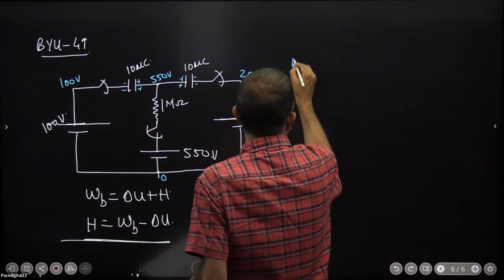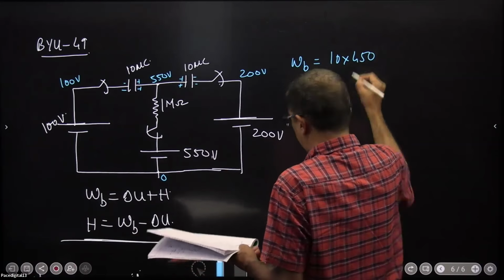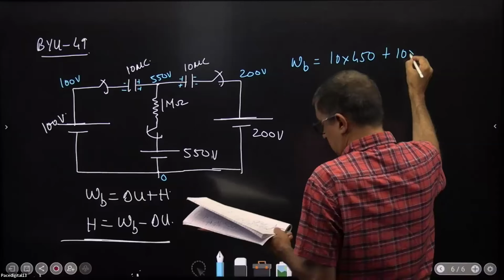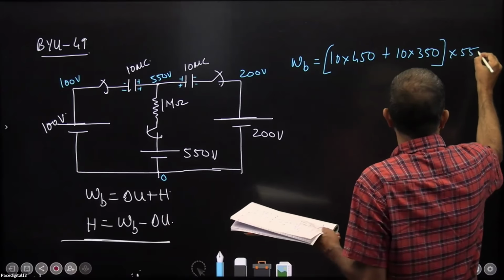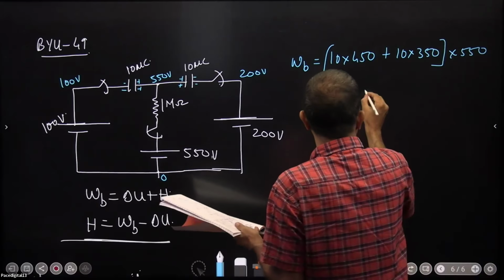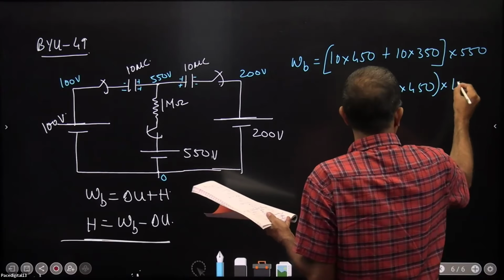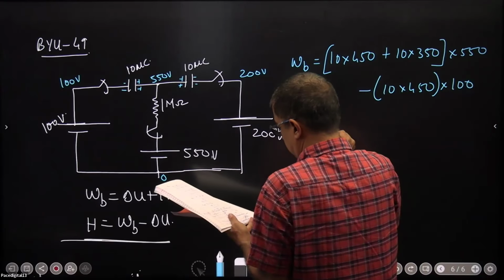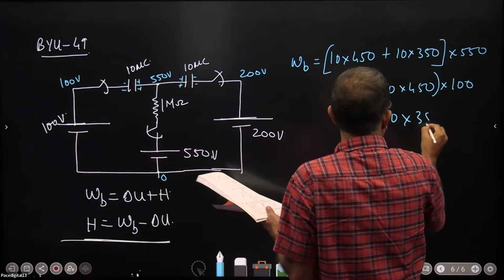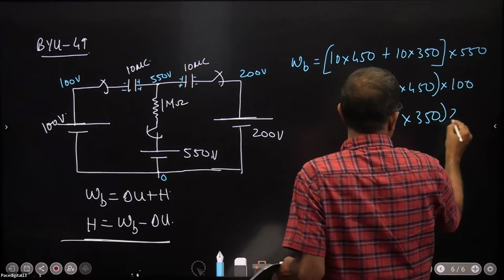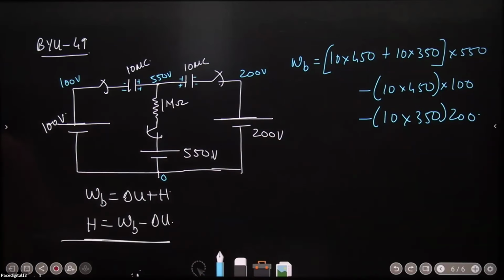Work done by the battery: have a look at it. 10 into 450 less 10 into 350, into 550, minus 10 into 450 into 100, minus 10 into 350 into 200. This will be the work done by the battery.